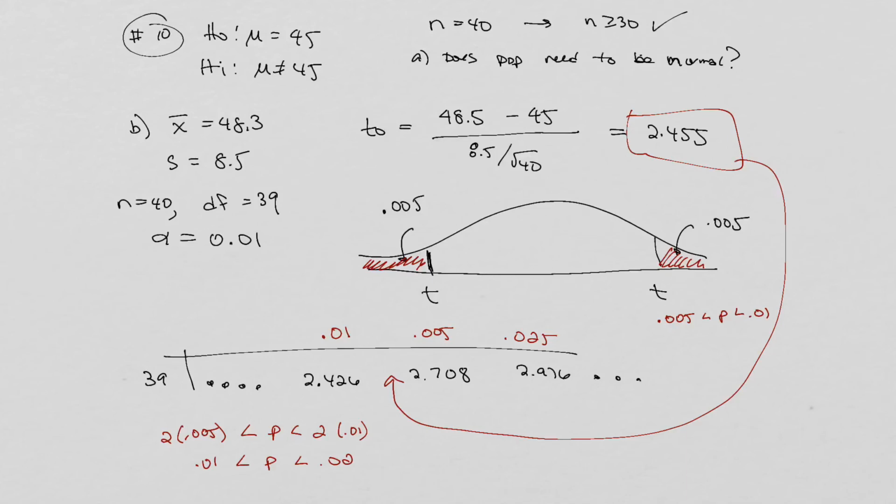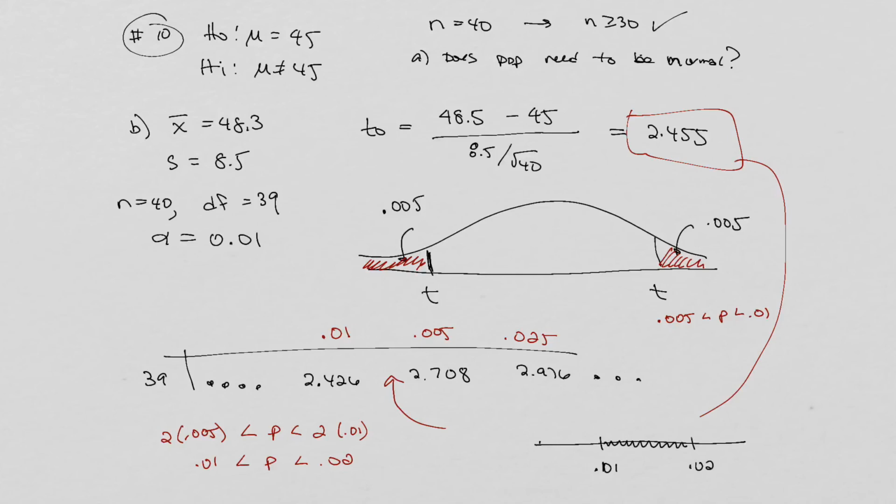If you think about your number line, let me erase a little bit right here. There is my number line. The p-value is somewhere between 0.01 and 0.02, so it's somewhere in between here.